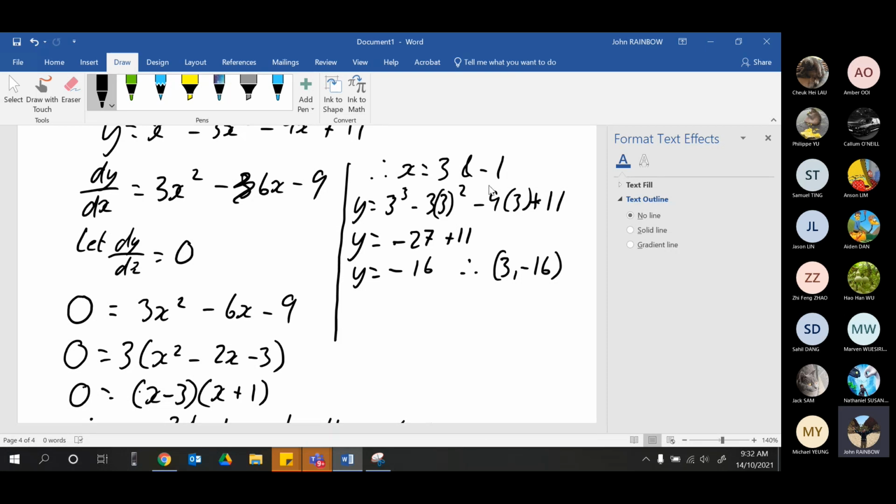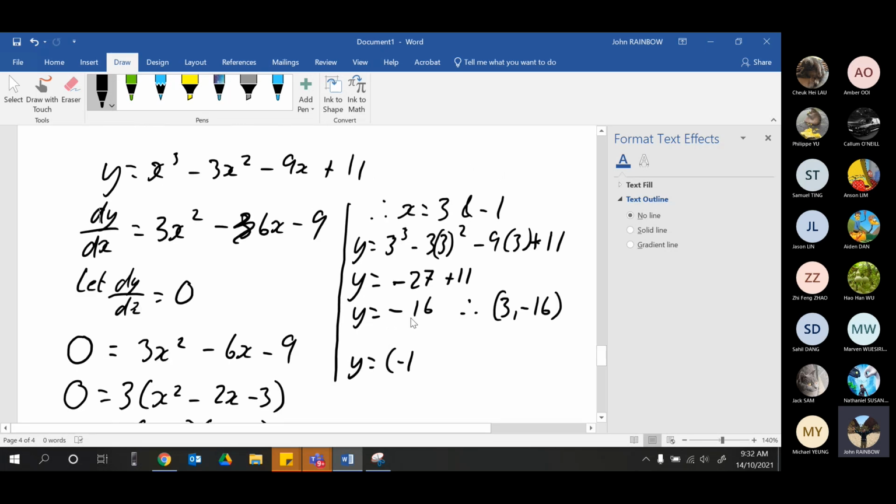Also, the gradient was 0 at -1. Sub it back into the original equation, just to find out where the y coordinate is, because I know the gradient's 0 at these two x coordinates. What's the y coordinate?